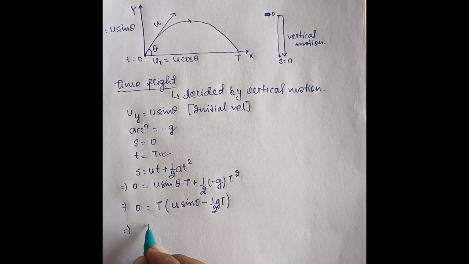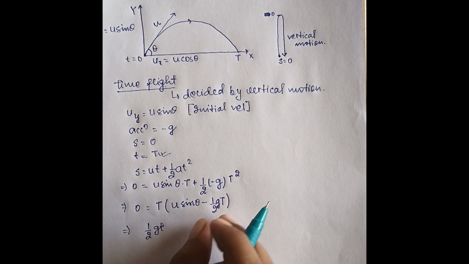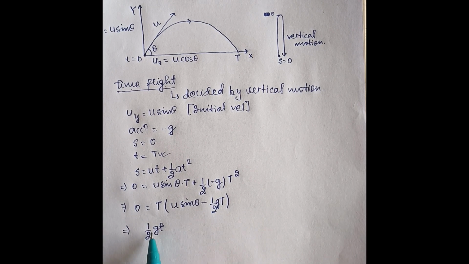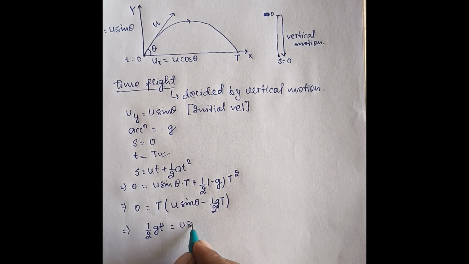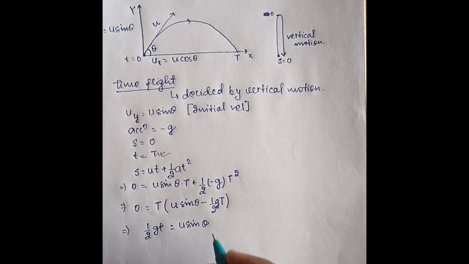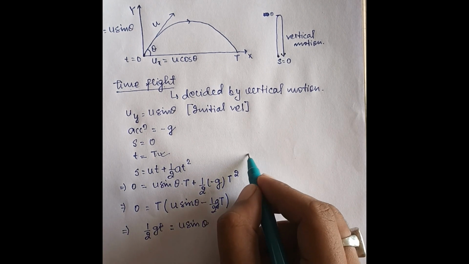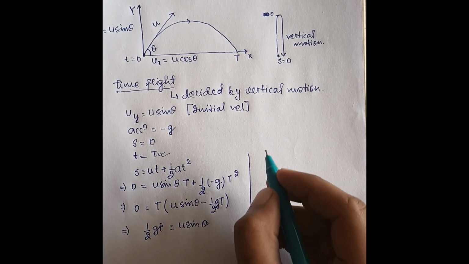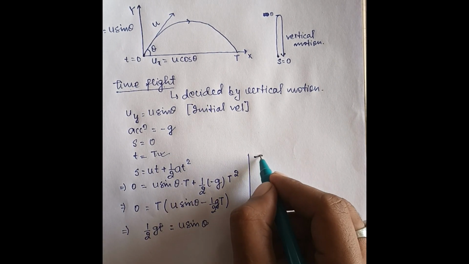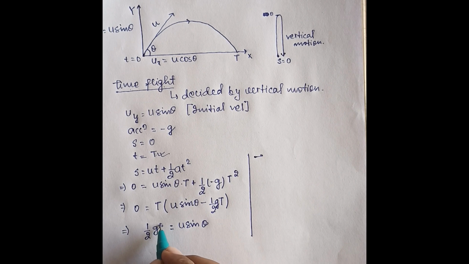So finally we are left with 1 by 2 gT. If we take this on the left side, this negative becomes positive, and this becomes u sine theta. Clear? Now students, from here T will be equal to how much? This is capital T, sorry, I mistakenly wrote small t.